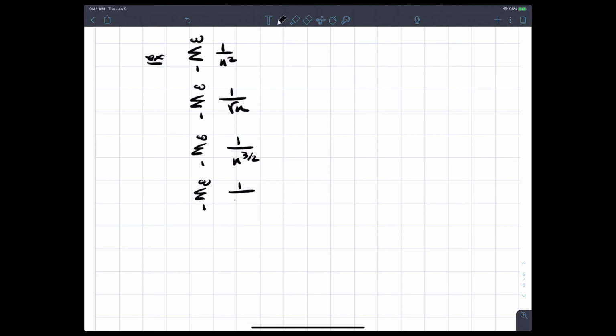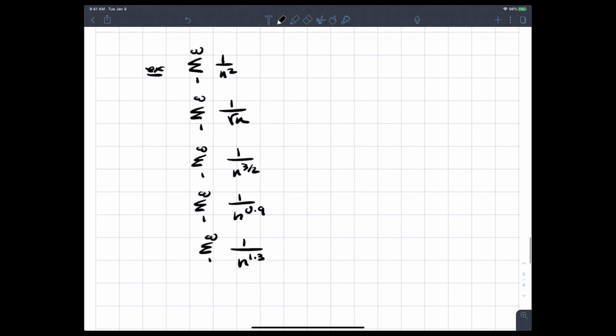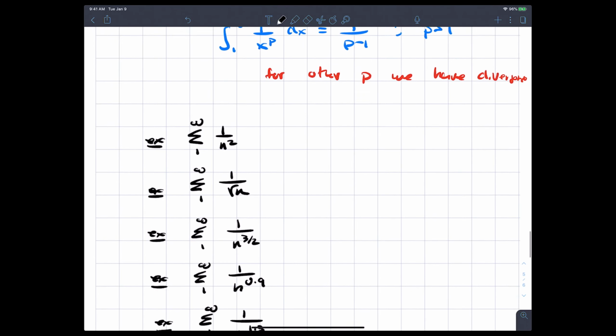We have 1 over n to the 0.9 power. You have 1 over n to the 1.3 power. They're going to ask you something about convergence for every one of these here, right? They're going to say, do these series converge or diverge?